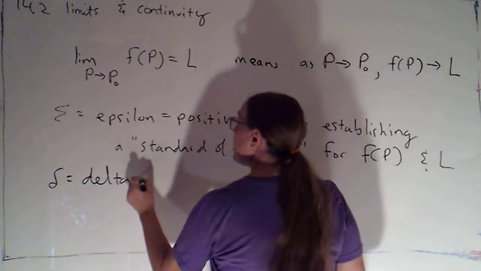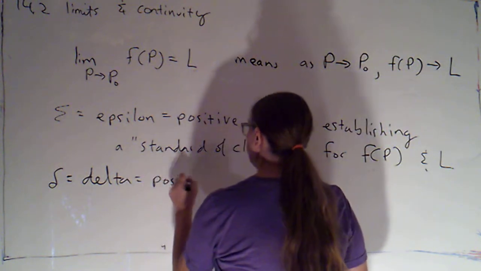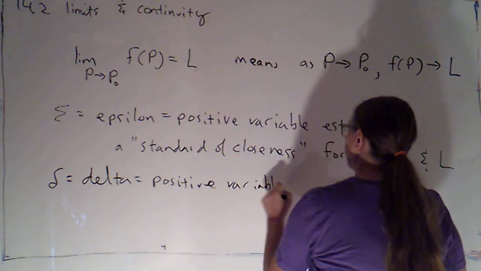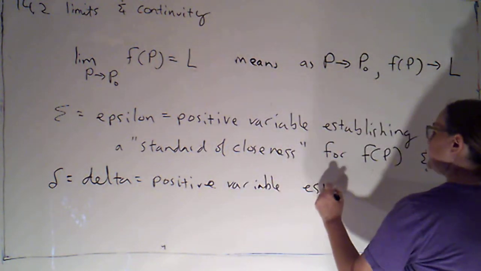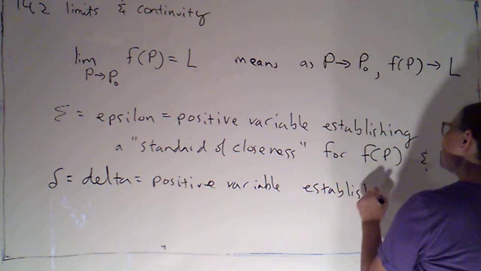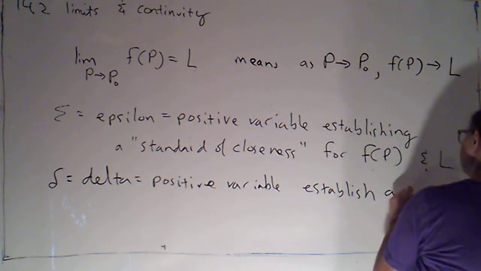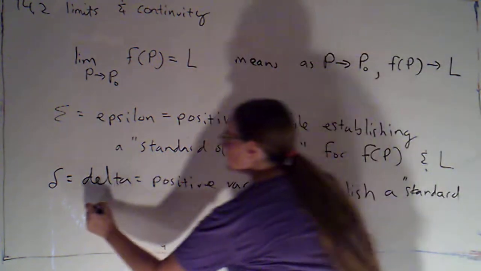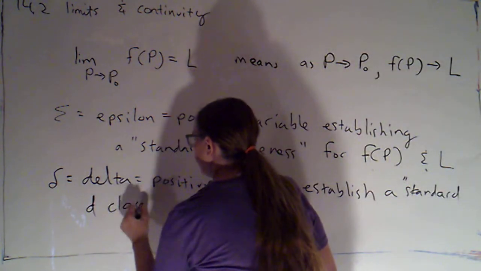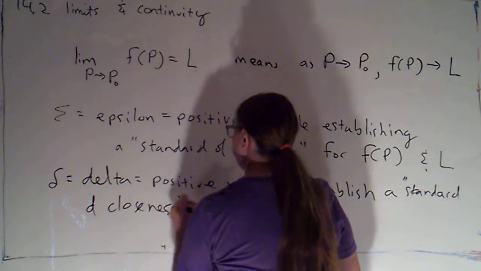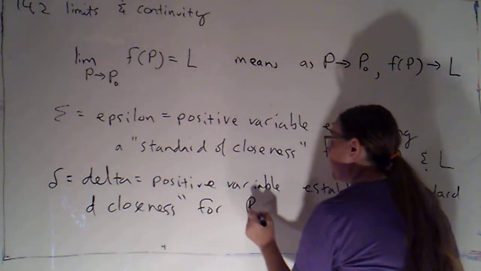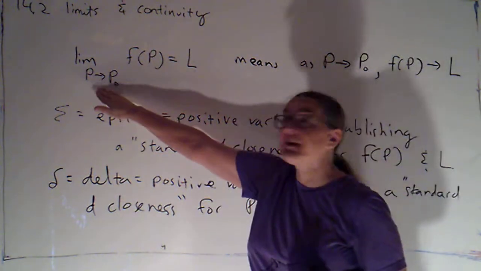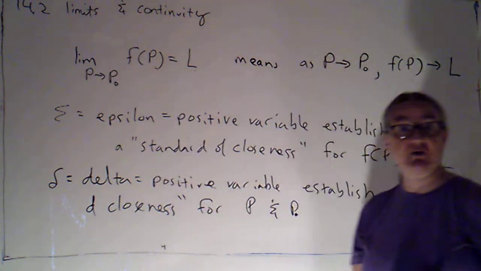Now, this is also going to be a positive variable. And it's going to establish, again, what I call a standard of closeness for the input, P and P naught, to measure how close these points are getting to each other.